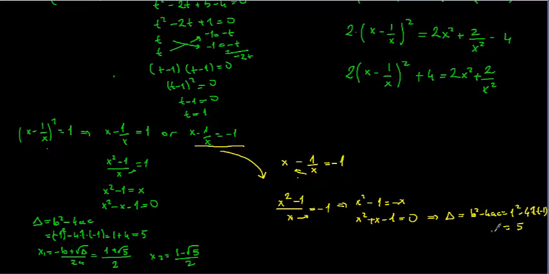Then x1 is equal to minus b plus root of delta over 2a, which is equal to minus 1 plus root of 5 over 2 times a, which is 2, and x2 is going to be equal to minus 1 minus root of 5 over 2.